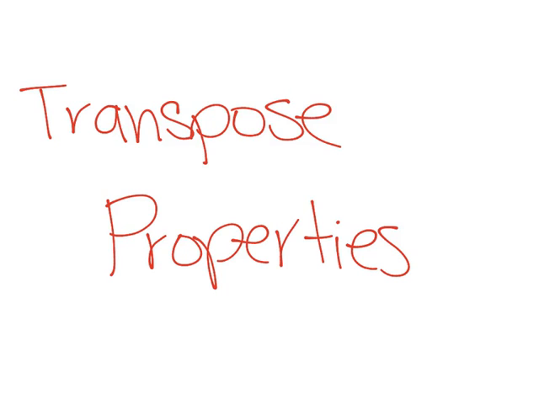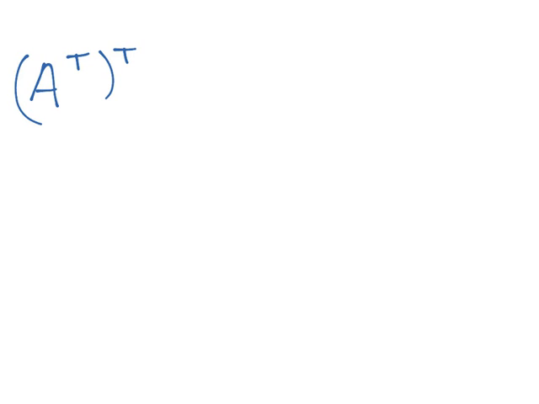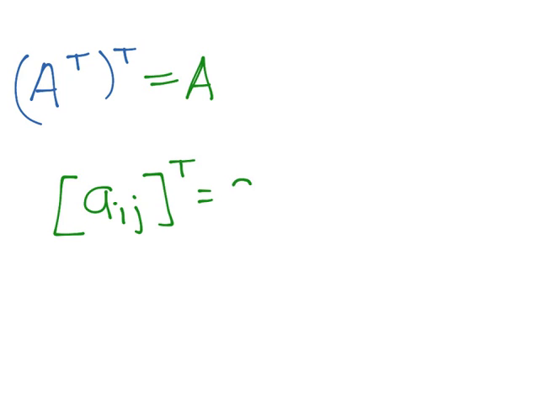We will now see some properties of getting the transpose of matrices. So, for example, if we get the transpose of a matrix, we actually get the original matrix back. Why? As you might recall, getting the transpose of a matrix would turn it into AJI, right?